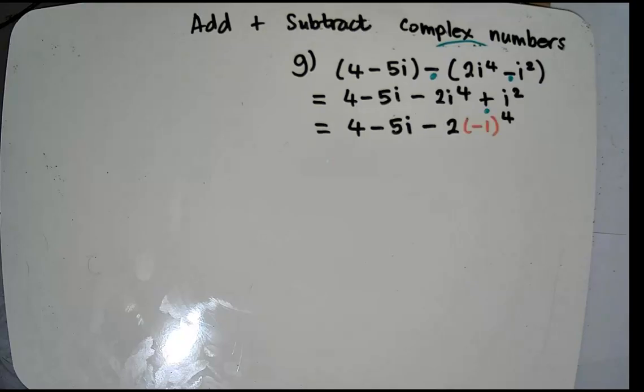So where we see i to the 4, we now place -1. Where we see 2i to the 4, we should place i squared squared. Okay, so we should place i squared squared.